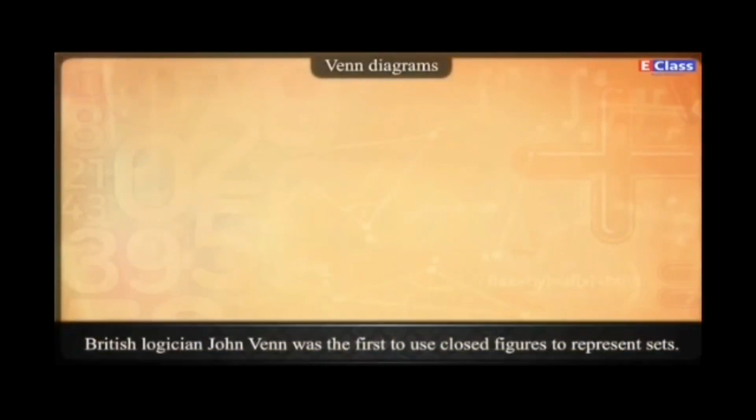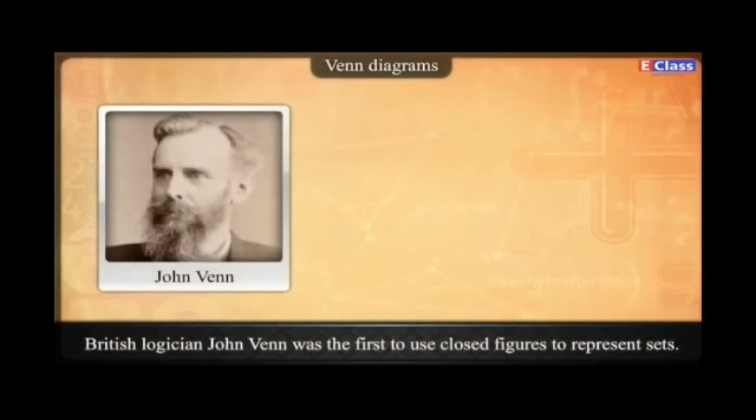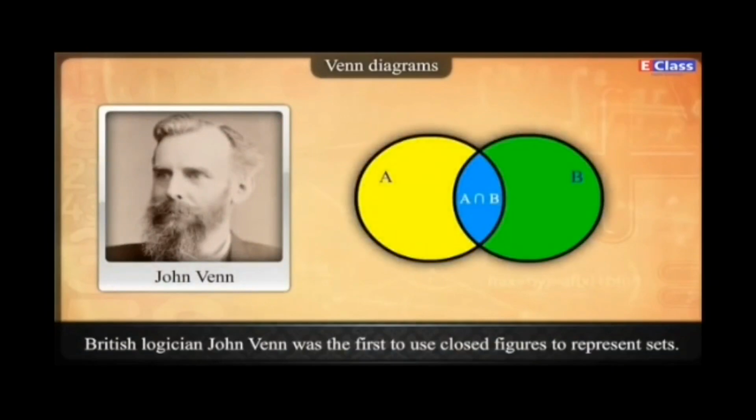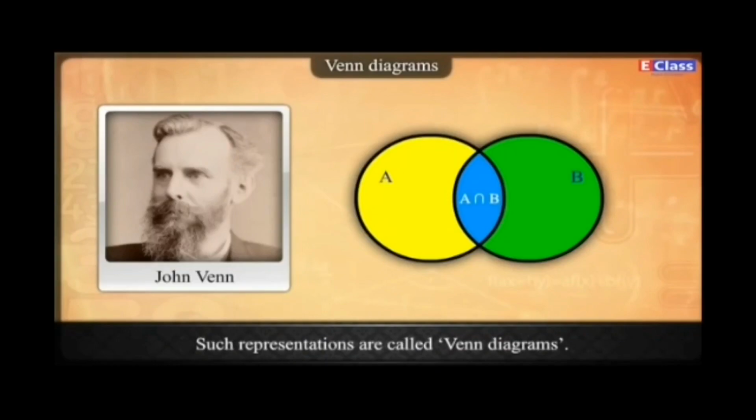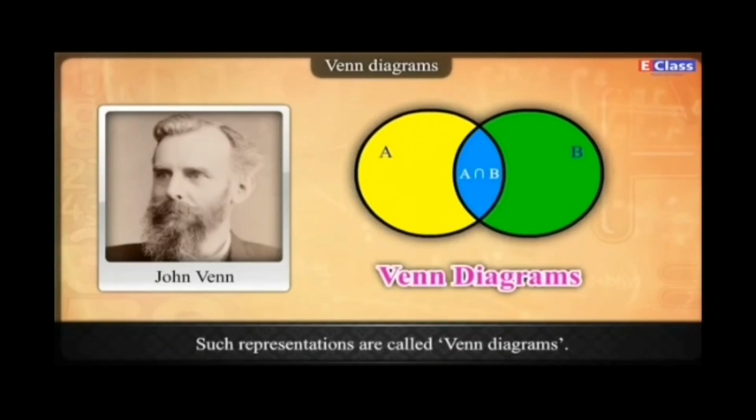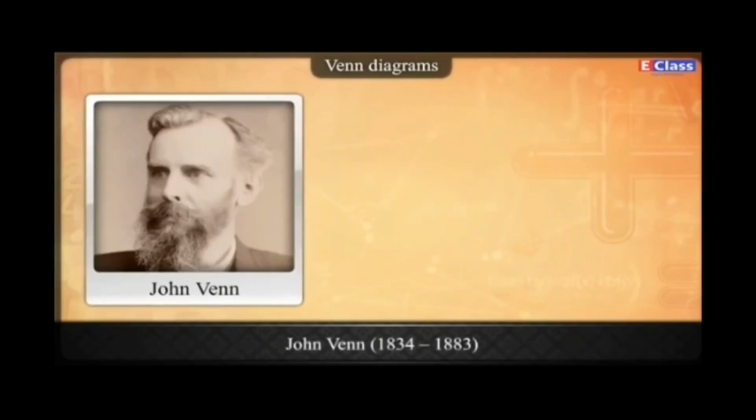Venn diagrams. British logician John Venn was the first to use closed figures to represent sets. Such representations are called Venn diagrams. Venn diagrams are very useful in order to understand and illustrate the relationship among the sets and to solve the examples based on the sets.